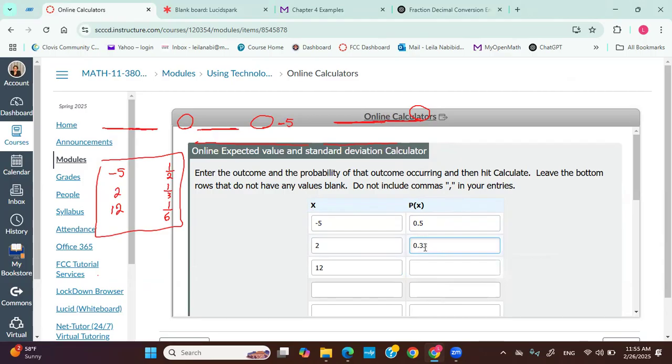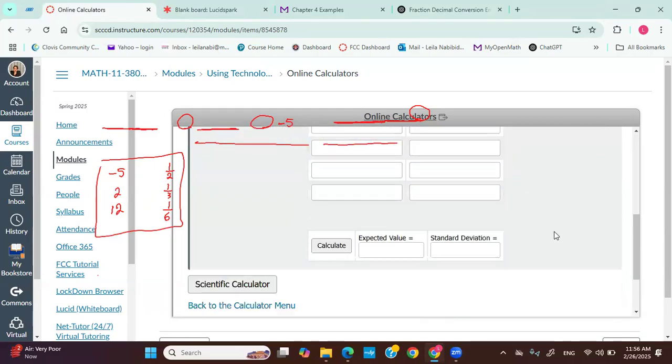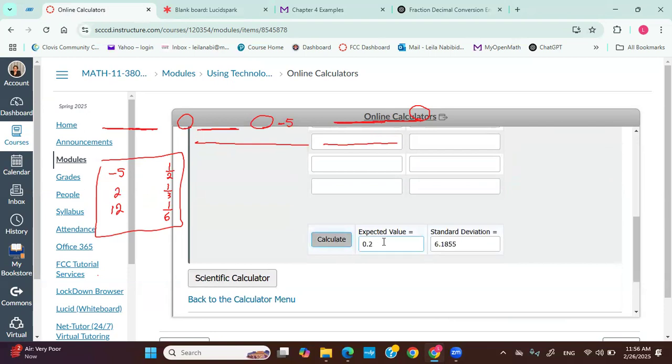You don't necessarily need the online calculator because there are only 3 numbers and it's easy to just use the handy calculator. And 1 over 6, which in decimal is 1 divided by 6, is 0.17. Then if we calculate, it gives us the expected value and the standard deviation.